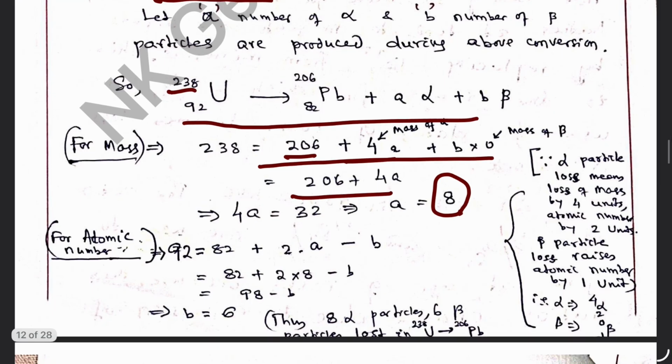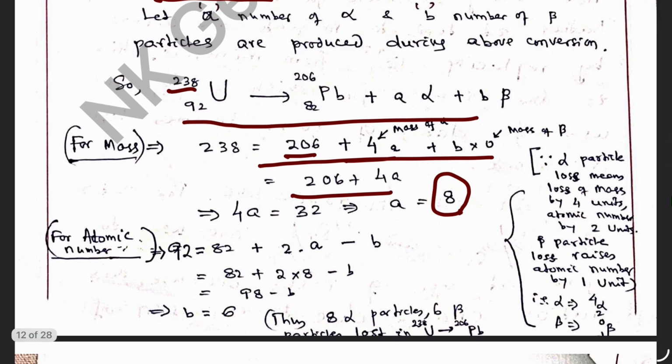Now if we take into account the atomic number, uranium-92 is converted into Pb-82 plus 2 times the number of alpha particles, because one alpha particle has a mass of 4 units and atomic number of 2 units.